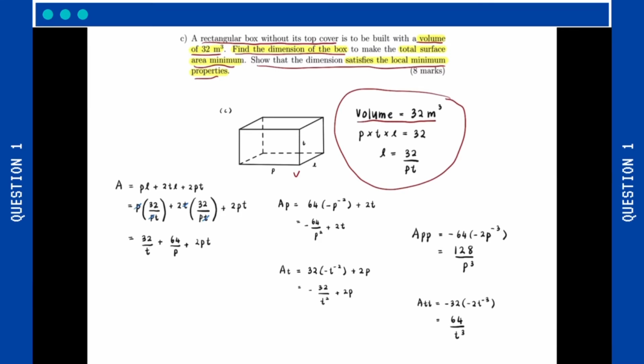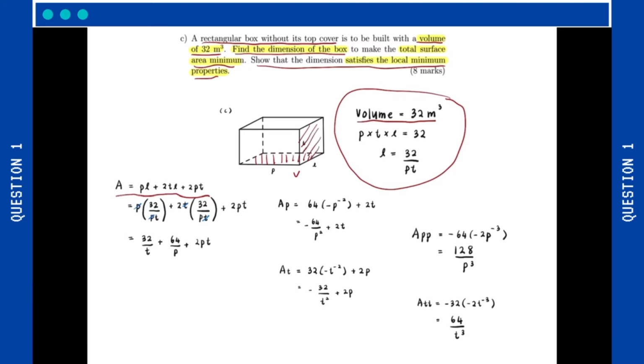Next, we need to jot down the formula for total surface area. Then we get P times L plus 2TL plus 2PT, which we can see in this figure. P times L, which is here, is just one surface because it has no top cover. Then we get 2T times L, which is here.